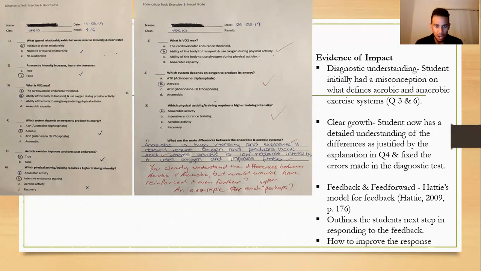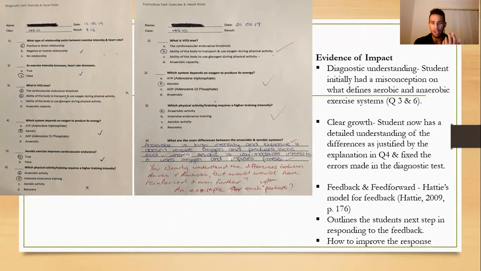Obviously, in red there on the right, I had some feedback for her. I had some feedback which is based around Hattie's model of feedback, which is basically giving feedback for learners to move forward with, or feed forward.